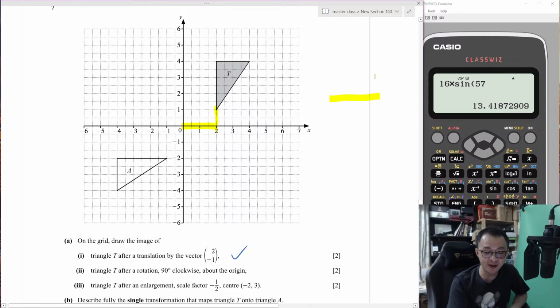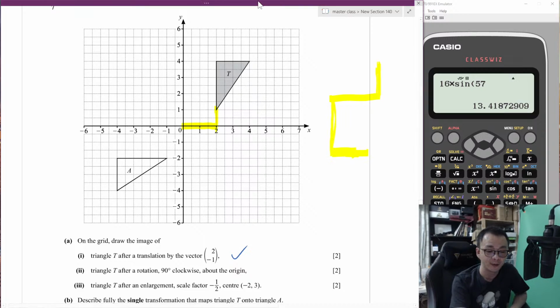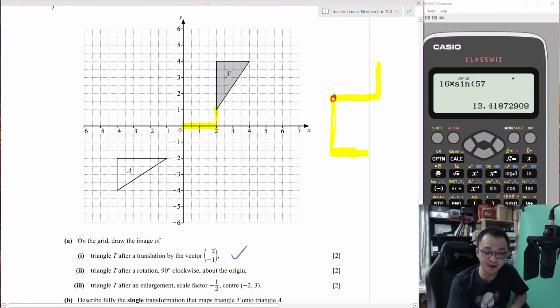So you just imagine this L. If this L rotates 90 degree clockwise, the L will become like this, isn't it? And definitely this one will be the center point. So right now the L is like 2 and 1 unit, so the first coordinate will be here.